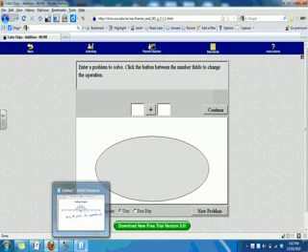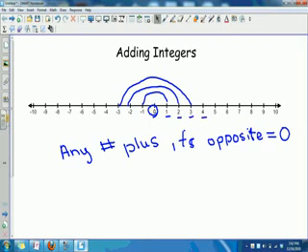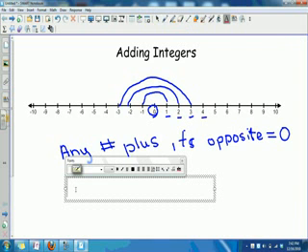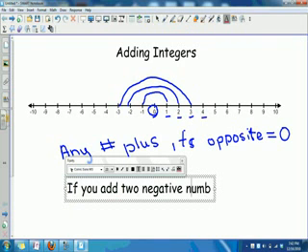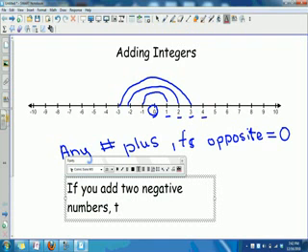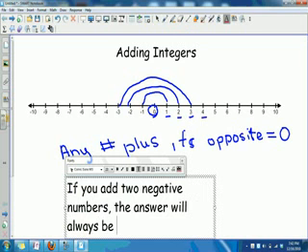So let's see if we can draw some conclusions. I'm going to type it instead of trying to write with my airliner. If you add 2 negative numbers, the answer will always be negative.